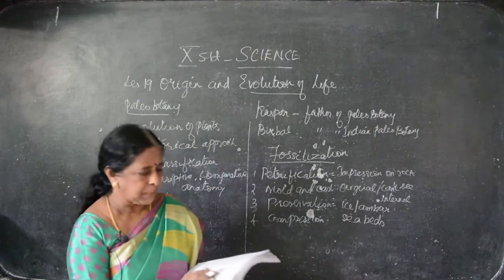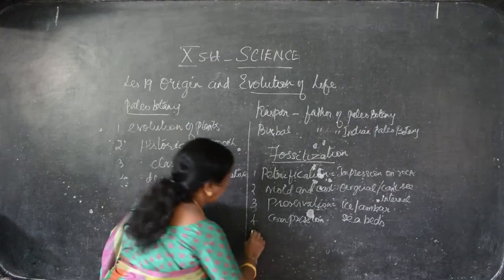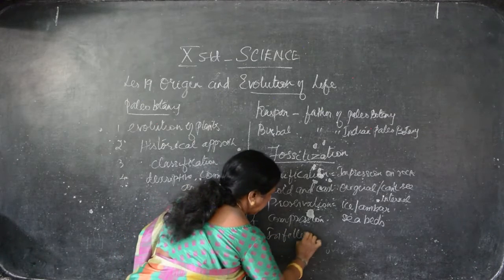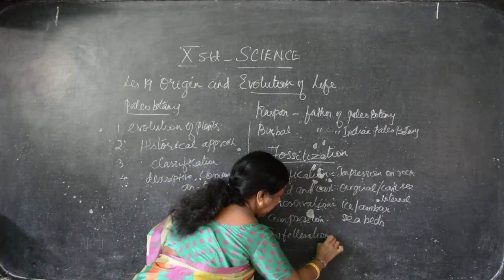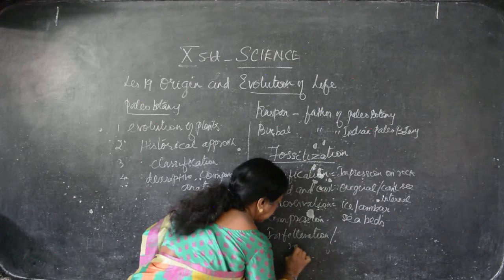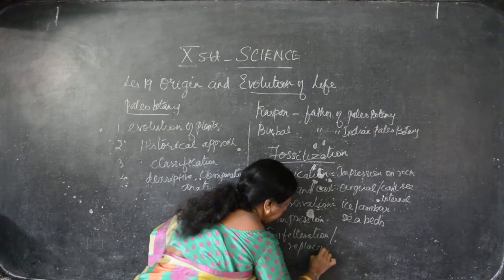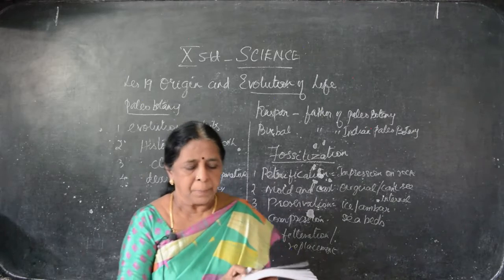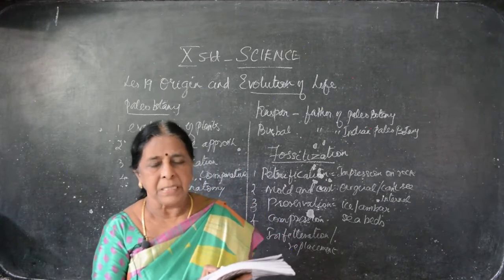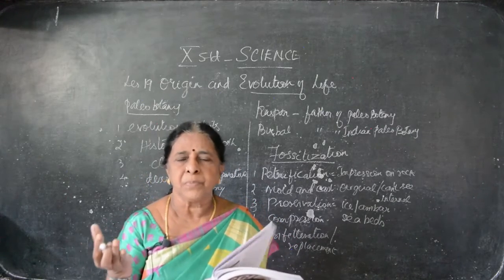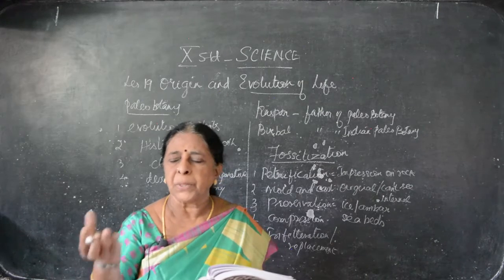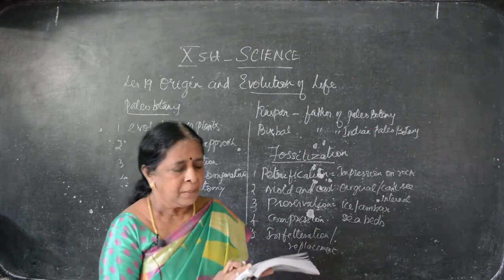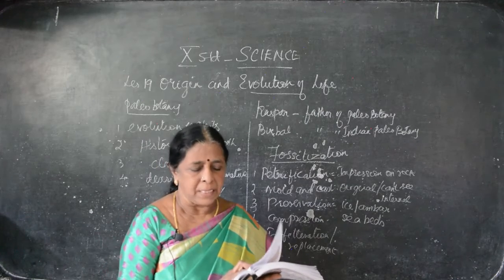Okay, and the last one is infiltration, otherwise known as replacement. We'll see what it is. Precipitation of minerals takes place later, and the precipitate remains as a solid form.